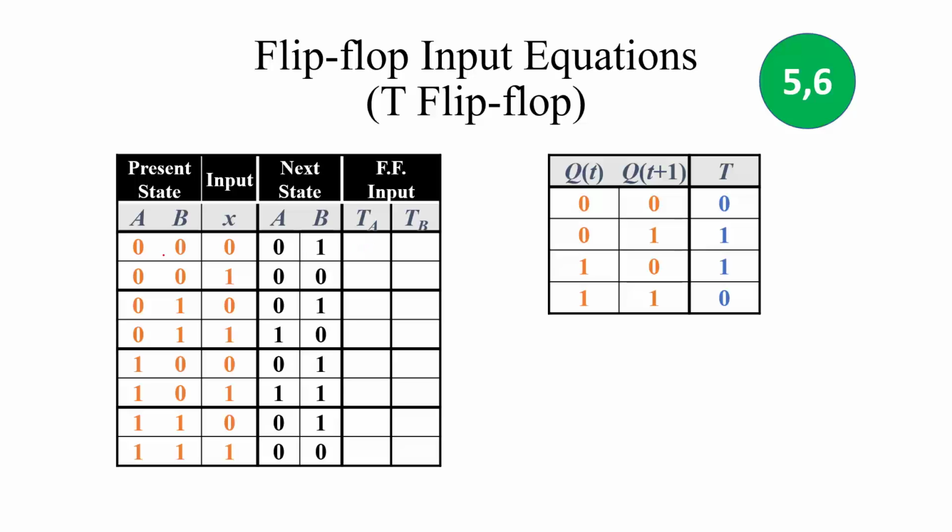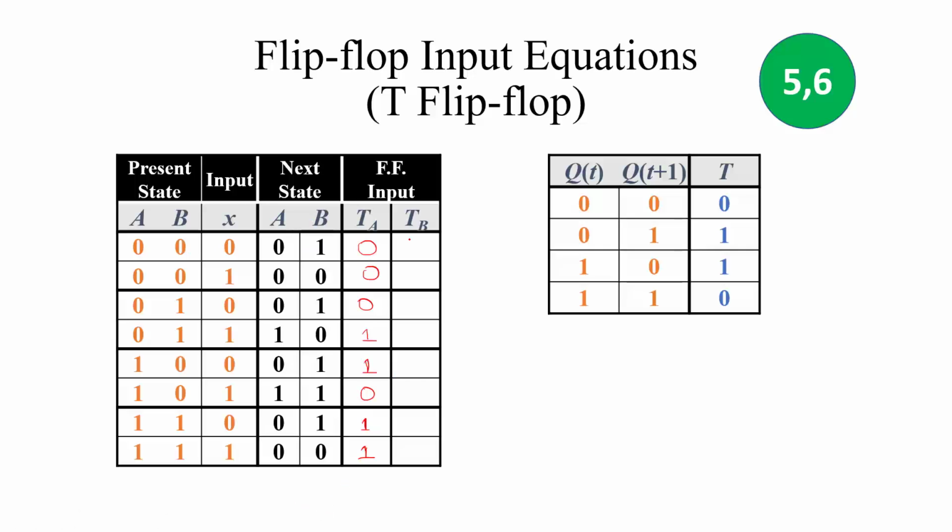Let's say we are looking at the state transitions of A now: 0 to 0, it should stay at 0. 0 to 0 is again 0. 0 to 1 is when the input at the flip flop was high, only then can this state transition occur. 1 to 0 is also high. 1 to 1, and similarly we can fill it for the rest of the state transitions.